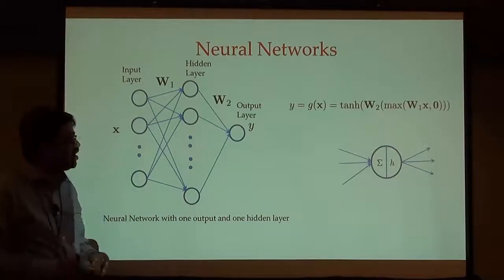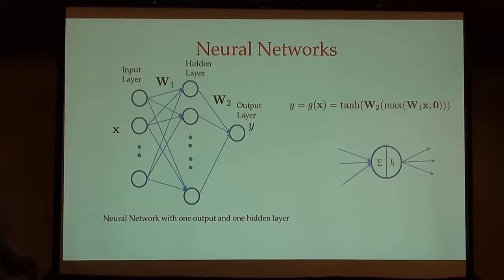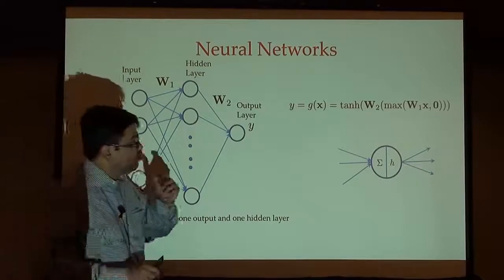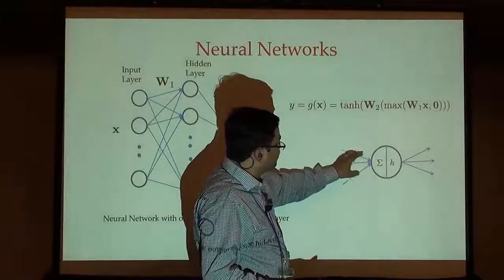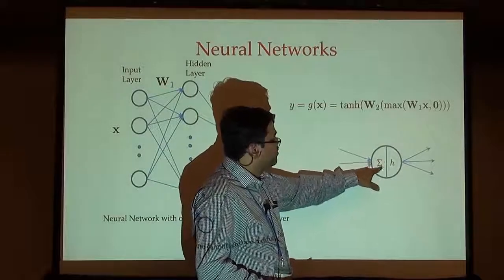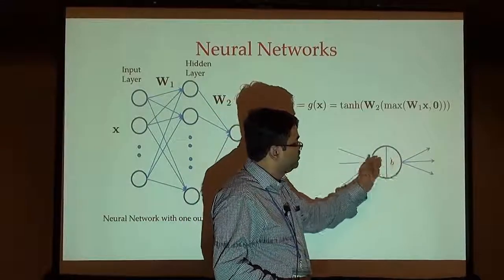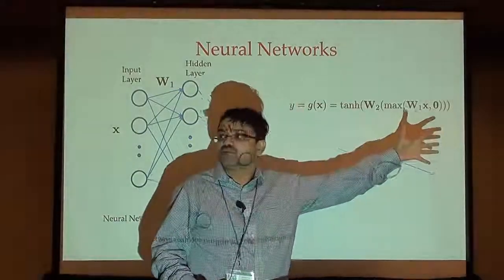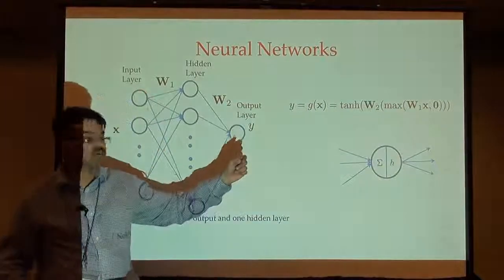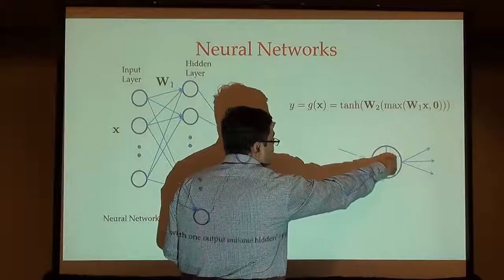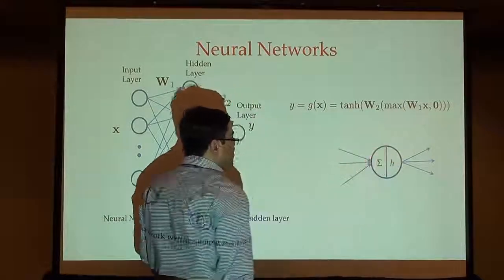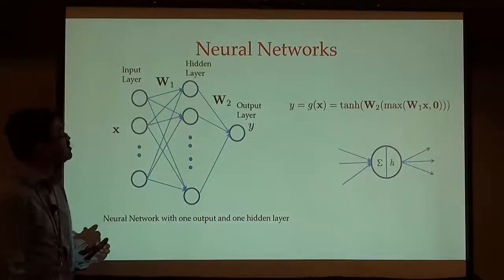So the first thing that I want you to note is something about notation. Whenever you have these circles here, it basically means that you have something coming in, there is summation and the activation, both of them are applied and something goes out. Okay? So all of this summation and activation, that whole operation is done in one of these circles.